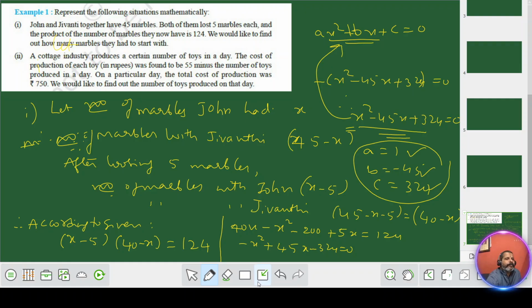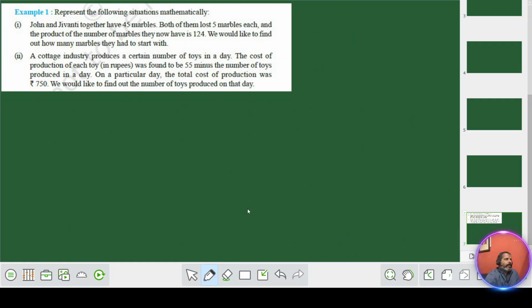So the second one, you can try it, but I'll solve that too. A cottage industry produces a certain number of toys in a day. The cost of production of each toy is 55 minus the number of toys. So we don't know the number of toys produced. So let the number of toys produced in a day be x.